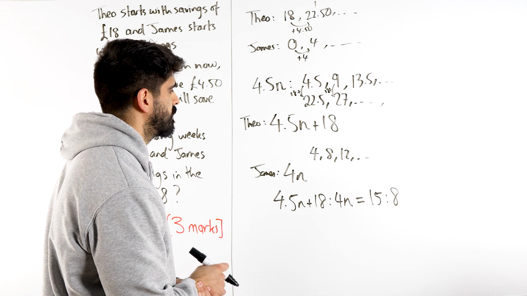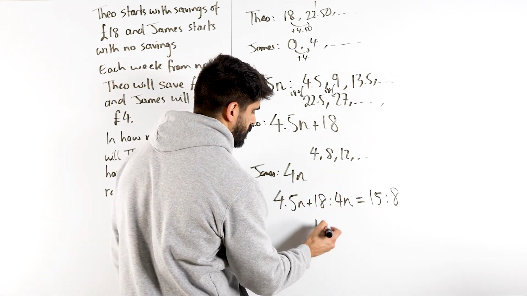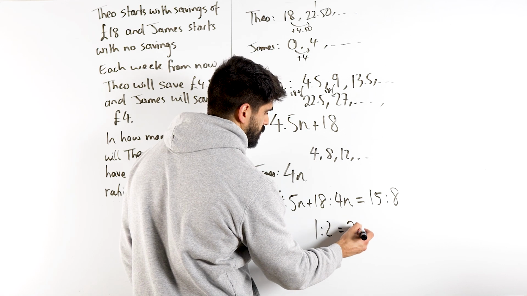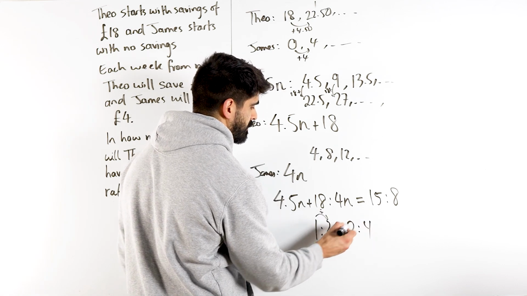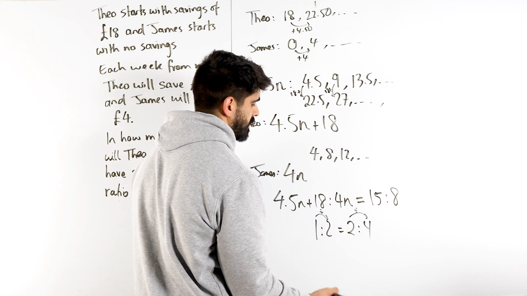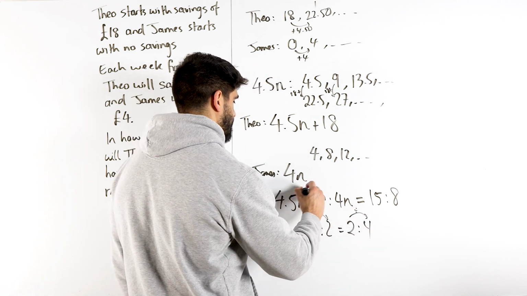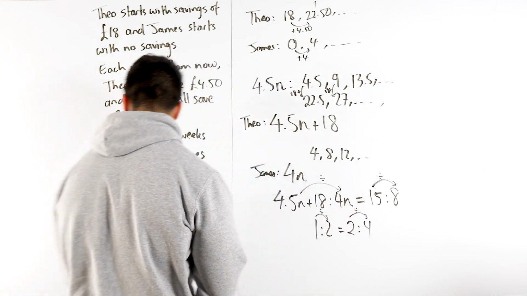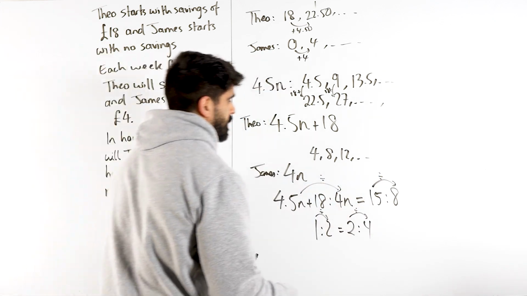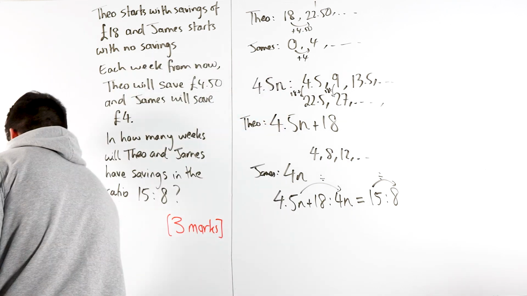How do ratios even work? If I have 1 to 2 and 2 to 4, 1 divided by 2 is the same as 2 divided by 4. So we're saying this divided by this is the same as this divided by this. So it's a bit of linear sequences, algebraic ratios.